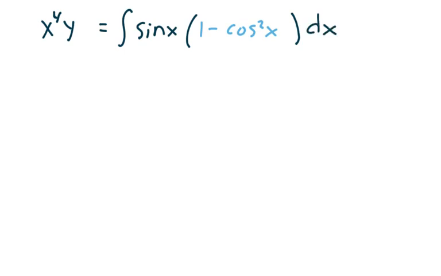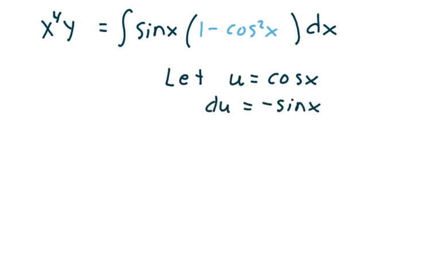And then we're going to integrate with respect to x. Now, we could do this by u substitution. Let u be cosine of x. du is negative sine x dx.